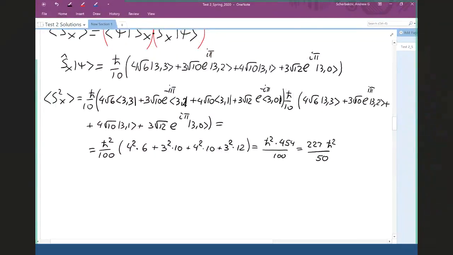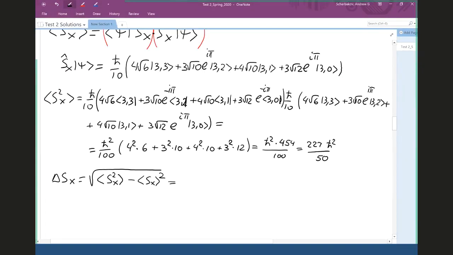What is the uncertainty delta Sx? This is the square root of the expectation value of Sx squared minus the expectation value of Sx, squared, like that.